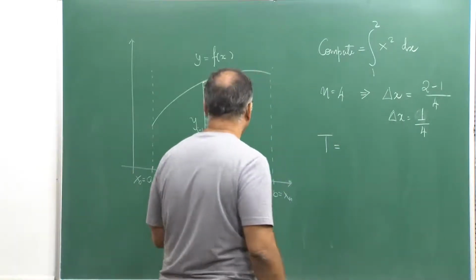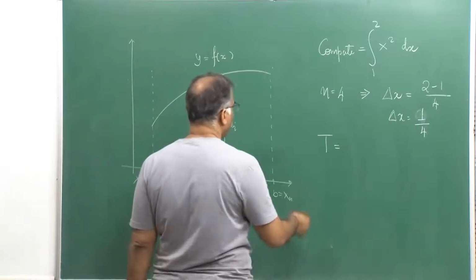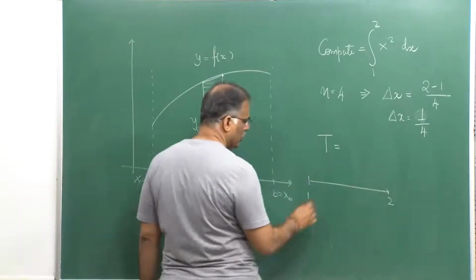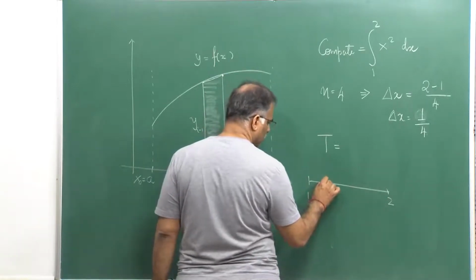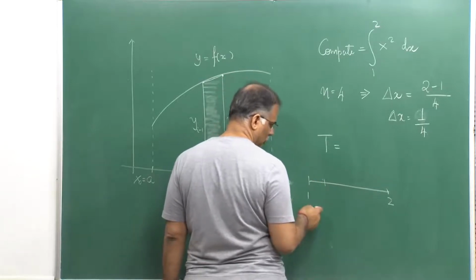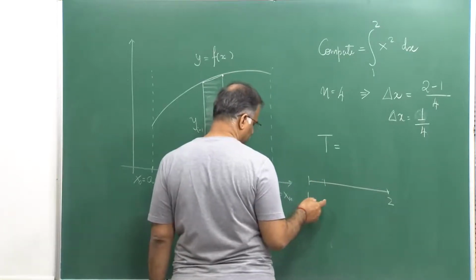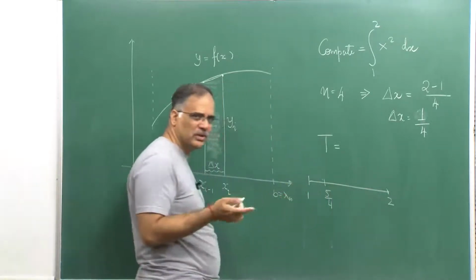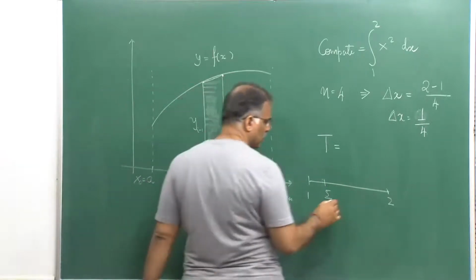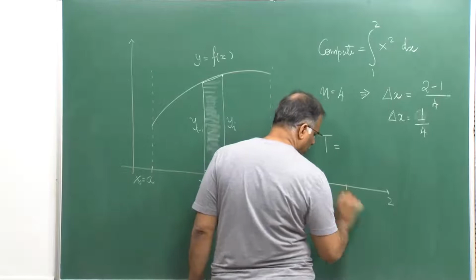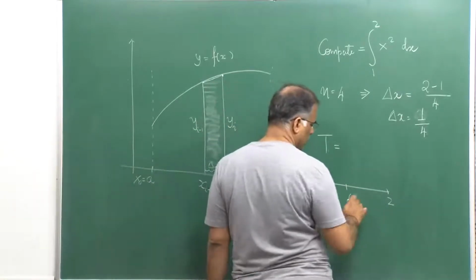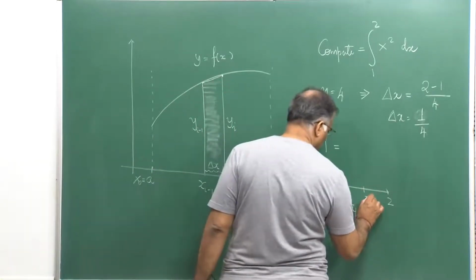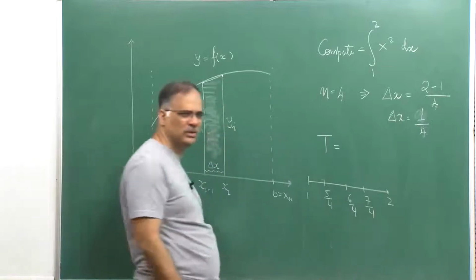In this particular case, the interval 1 to 2 is partitioned by the points 1, 1 plus 1/4 which is 5 by 4, 5 by 4 plus 1/4 which is 6 by 4, 6 by 4 plus 1/4 which is 7 by 4, and 7 by 4 plus 1/4.